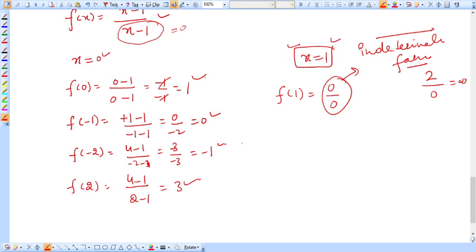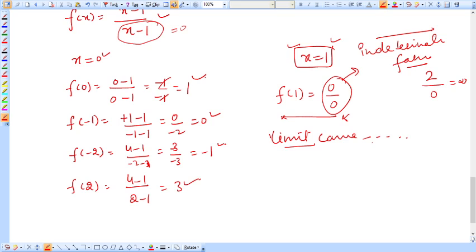So from this, the limit comes into the picture, right? When we get stuck in this sort of problem, limit comes into the picture at that moment.